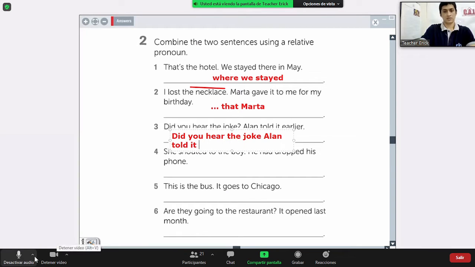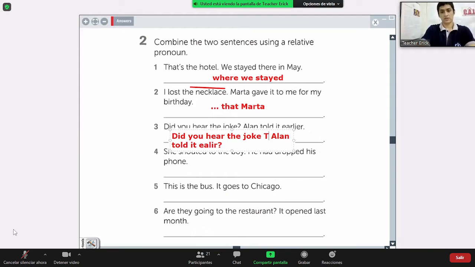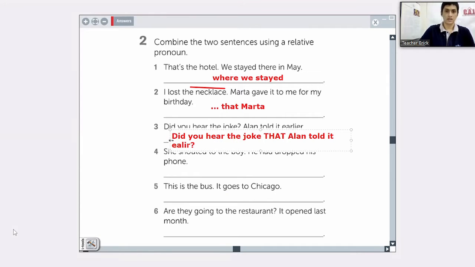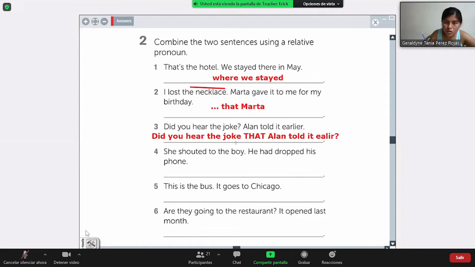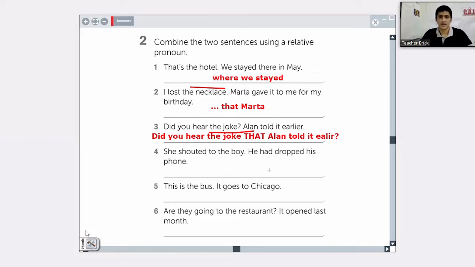Told it earlier. Okay. That Alan? Okay, so that Alan, that refers to, ¿a qué se refiere that? The joke. The joke, right? So that Alan told it later.